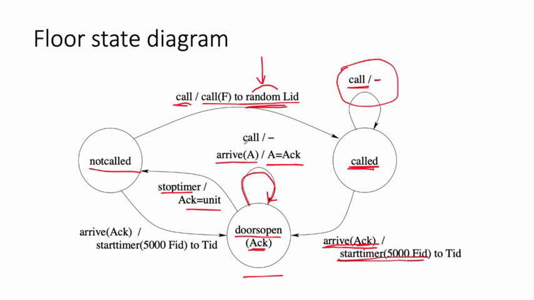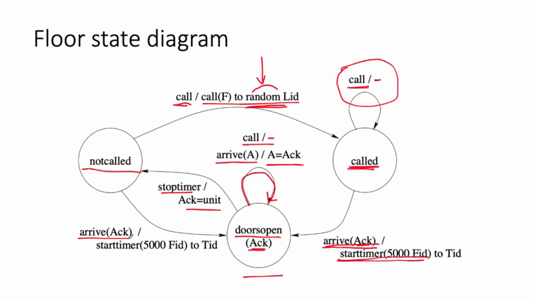What happens if the lift has arrived and I press the call button? It's kind of stupid, huh? There's a lift arriving, the door opens, and I press call. Well, I have to handle it, so I do nothing. Also, there's a final case. What if I'm not called and a lift arrives? How can that happen? The floor is sitting there, no one has pressed the button, but the lift arrives.